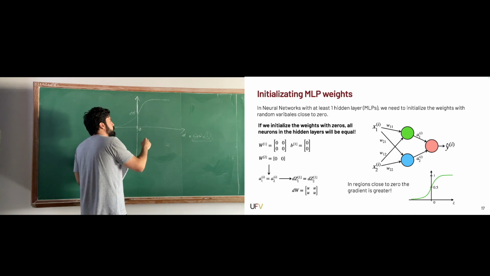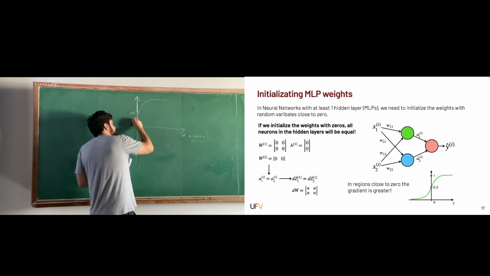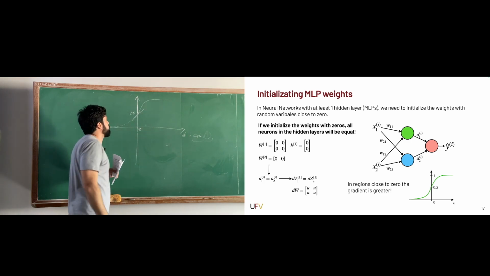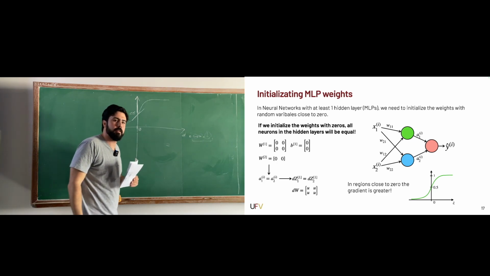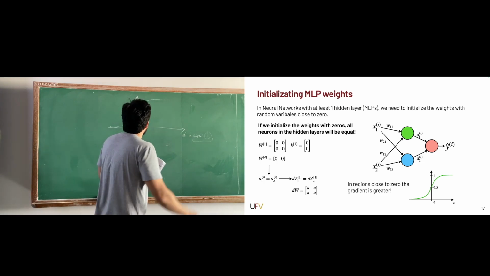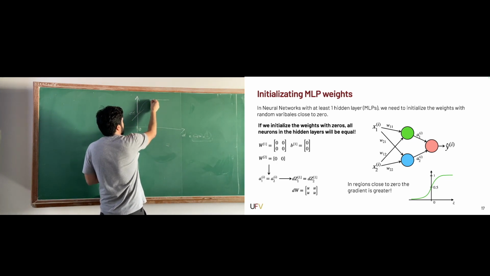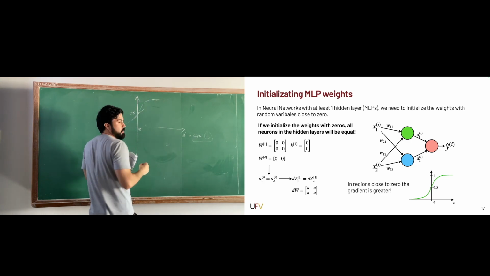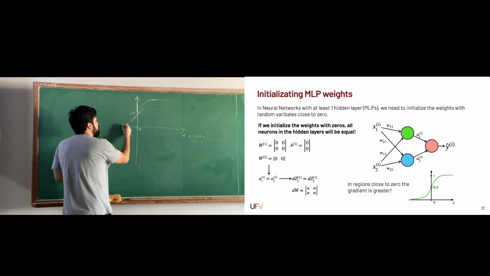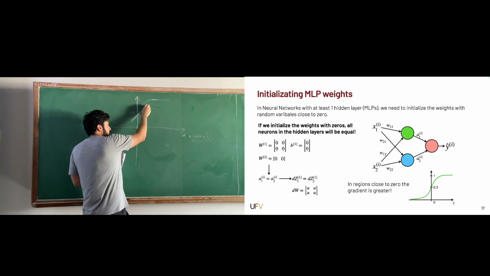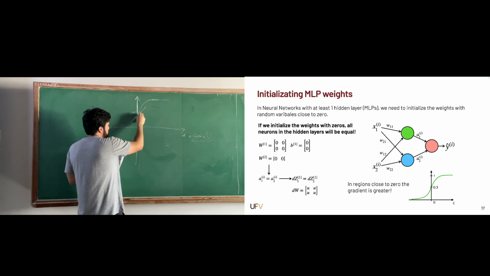And why do we want it to be close to 0? Because around 0, the gradient or the slope of this function is the steepest. So right here, the slope is very small. And right here, also the slope is very small. But here, it's very steep, because this function here is kind of exponential around 0.